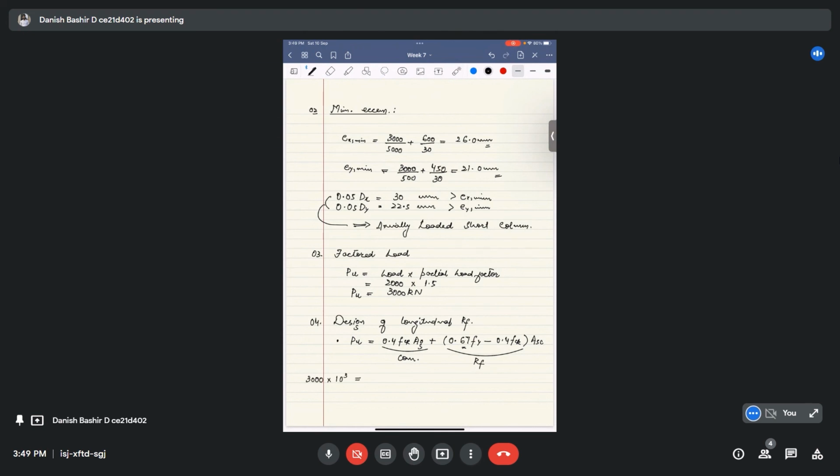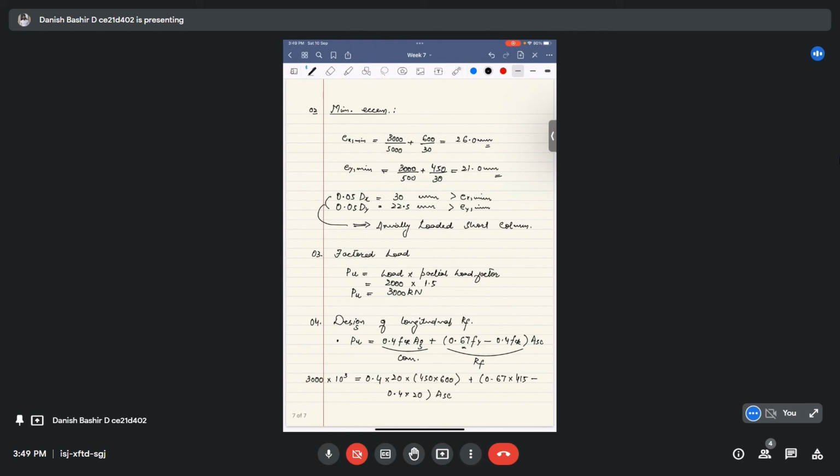We have 0.4 fck with fck as 20, Ag as 450 times 600, plus 0.67 fy, with fy given as 415, minus 0.4 fck, which is 20, times Asc.